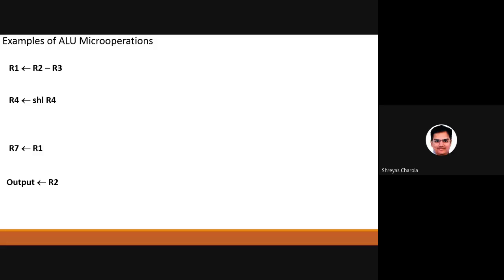Write down the answer in terms of bits. The number of registers is 8, so the selection line will be 3. That is okay.